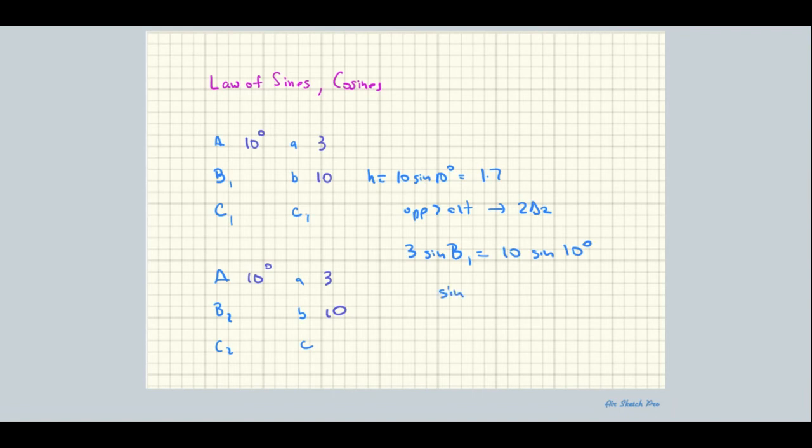So sine B1 is that 10 sine 10, that's probably still in your calculator, divided by 3. And you take the arc sine of that.